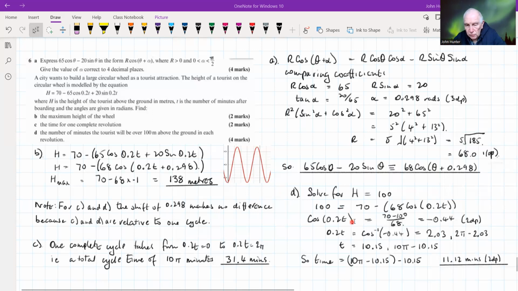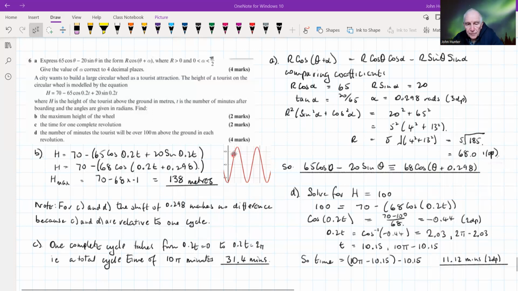Okay, so if we work that through, we're going to get cosine of 0.2t equal to minus 0.44 to 2 decimal places. So if we take the inverse cosine to solve for 0.2t, our primary solution is going to be 2.03 radians.